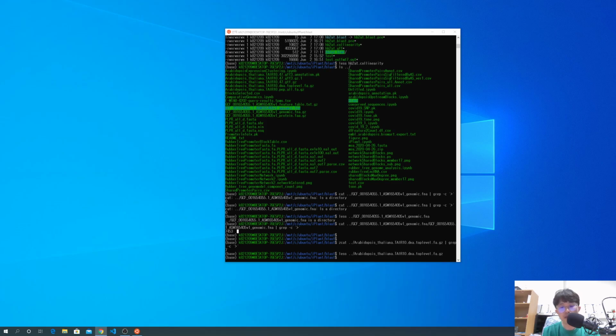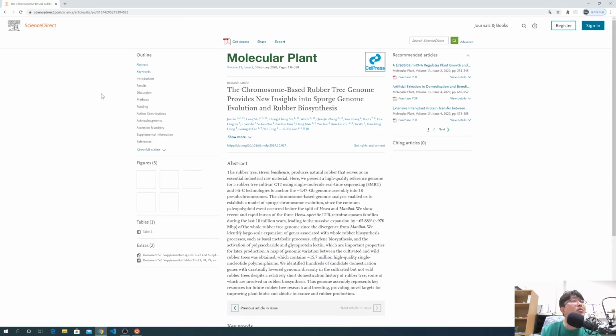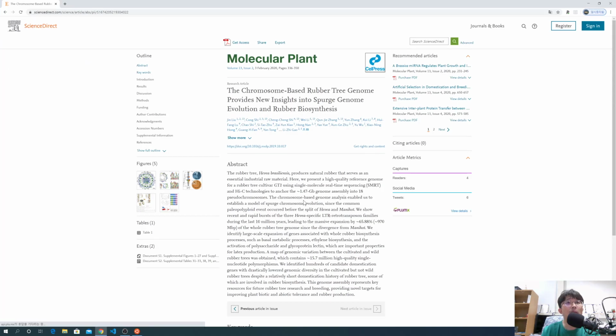Hevea brasiliensis chromosome. So how many chromosomes are there? Chromosome based laboratory.